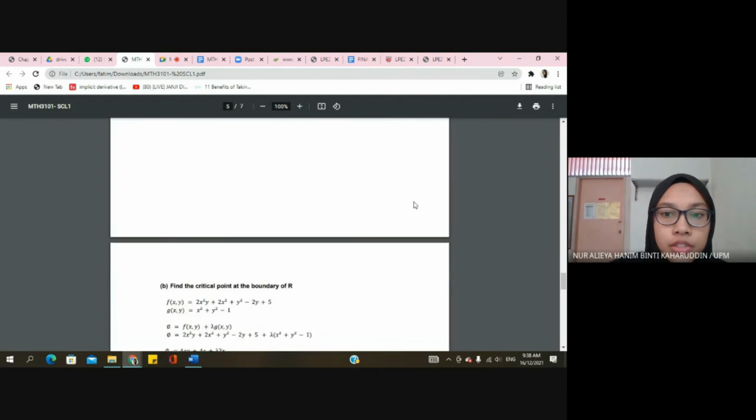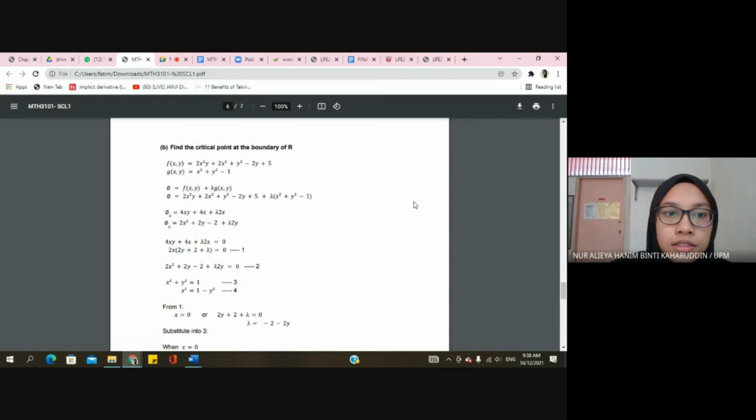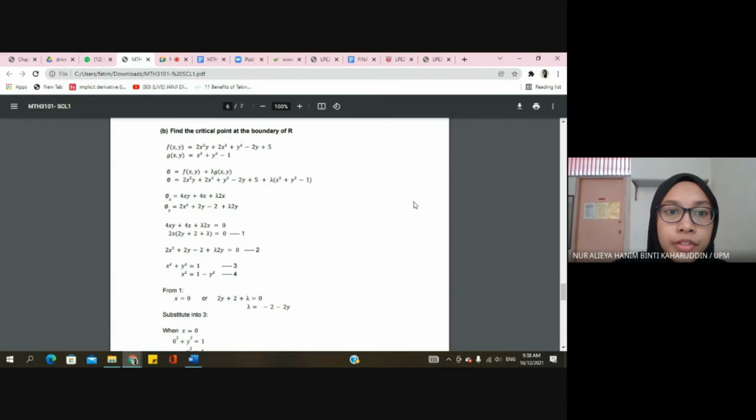Okay, next question 2b. Find the critical points at the boundary of R. The equation f(x,y) is equal to 2x²y + 2x² + y² - 2y + 5, and the equation g(x,y) is equal to x² + y² - 1.